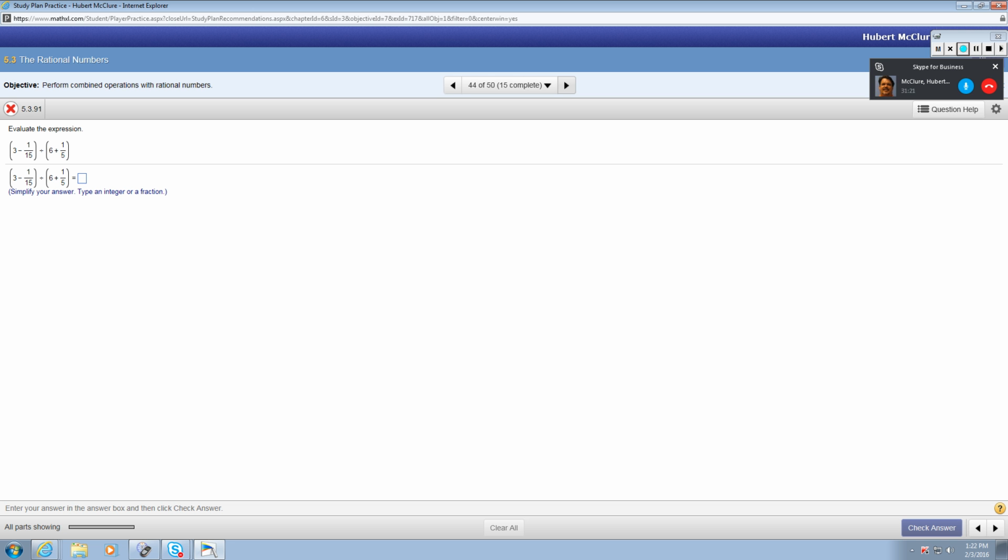Yep. Division. 3 over 1 minus 1 over 15 divided by 6 over 1 plus 1 over 5. Now I have a question for you. Should you get one denominator all the way across, or should you get 2 denominators?